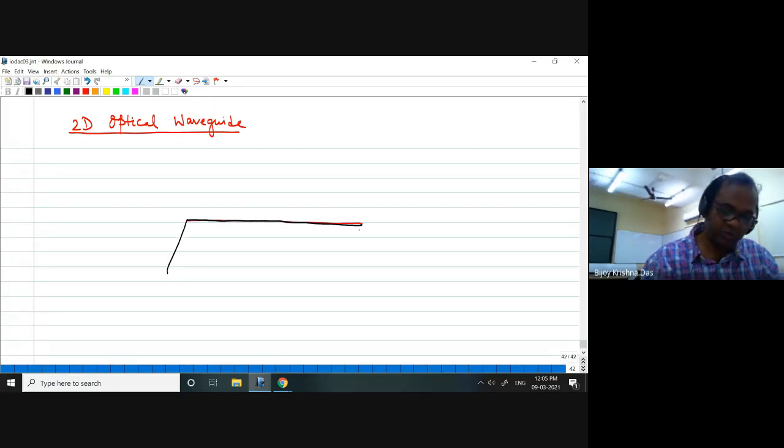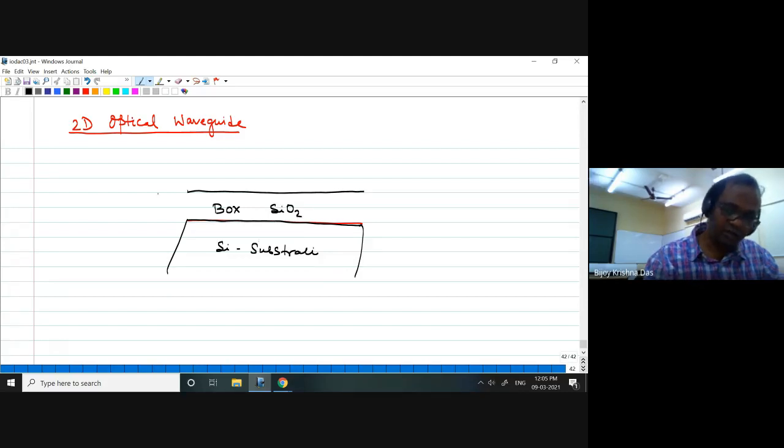This is, for example, your silicon substrate, the handle wafer. Then there will be a layer called buried oxide, so-called BOX. Basically, it is silicon dioxide.